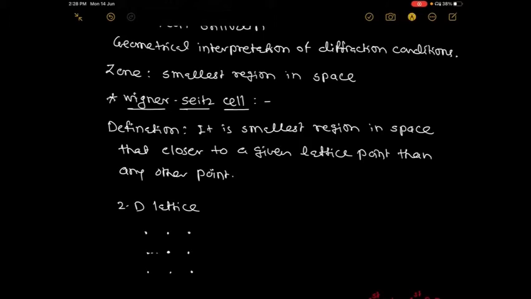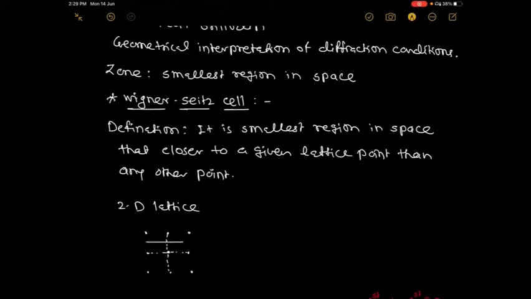Those closest points we join by a dotted line, and we draw a perpendicular bisector to each line through the midpoint.